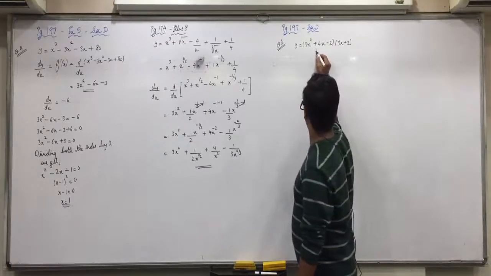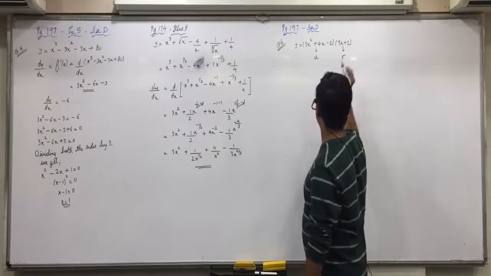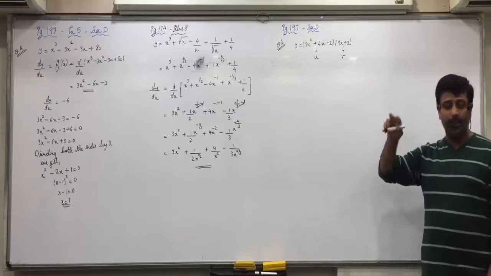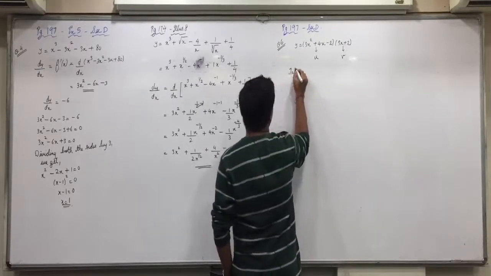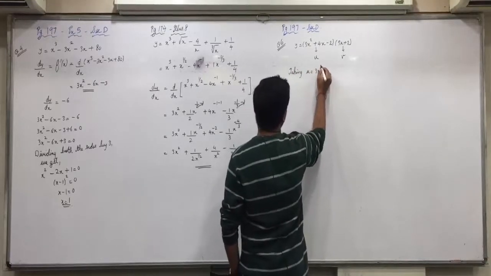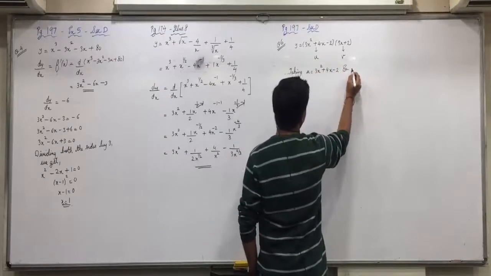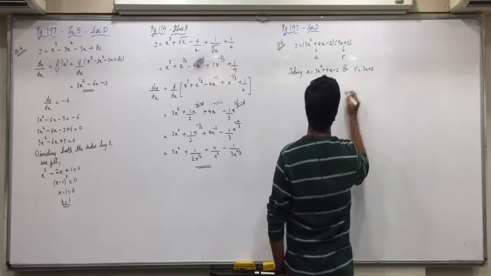So first of all, this we take as u, this we take as v. So here we have applied the second rule, of u into v. Now taking u = 3x² + 4x − 2 and v = 3x + 2.